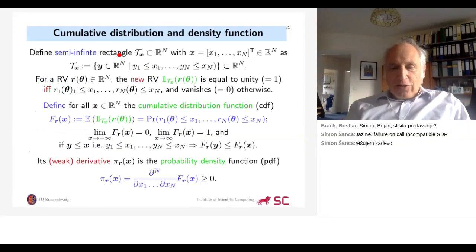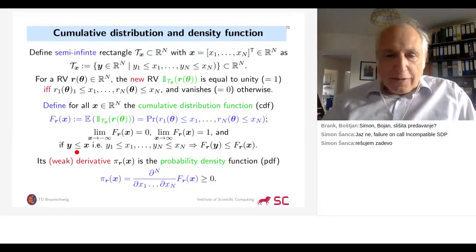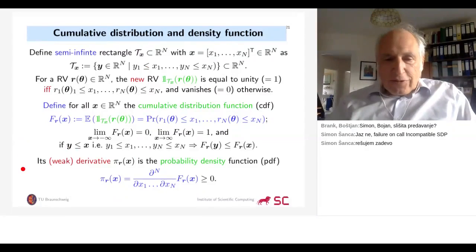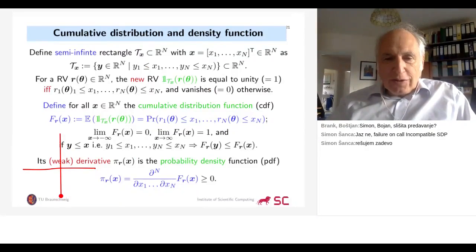Good. So now let's look at the cumulative distribution function, first of all. What we do is take an infinite rectangle. Let me take a pencil. So if this is, for instance, in 2D, this is x1, and this is the x2 coordinate.